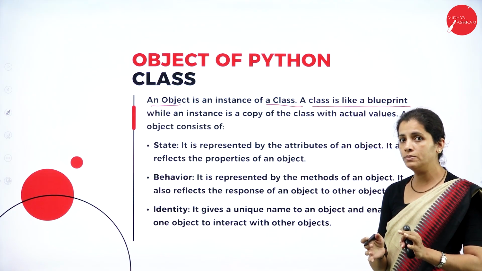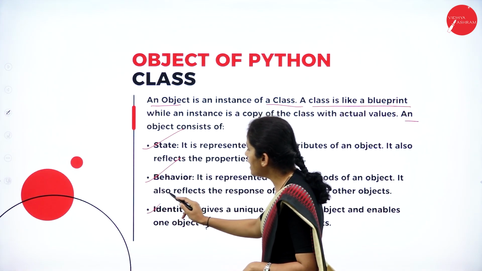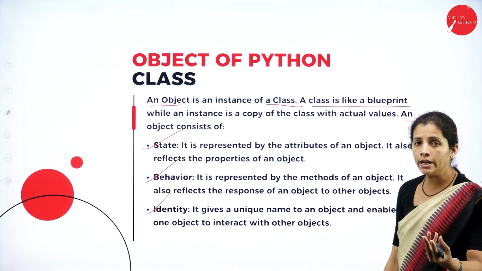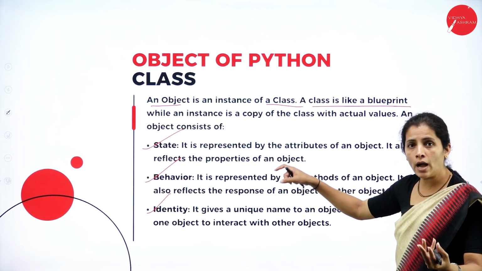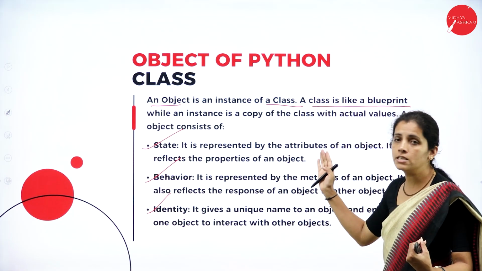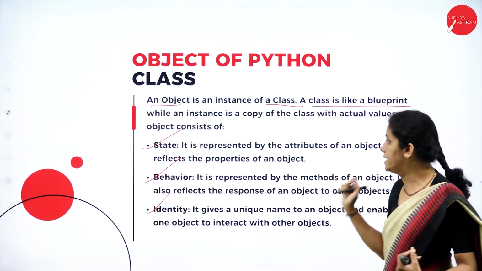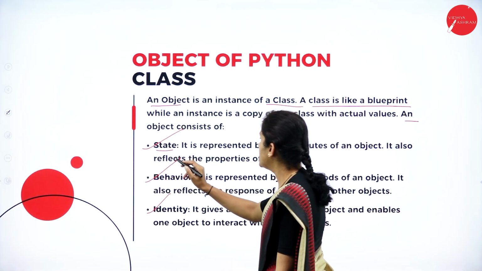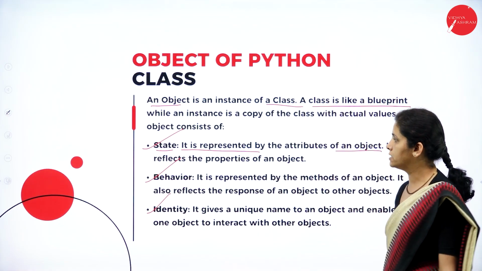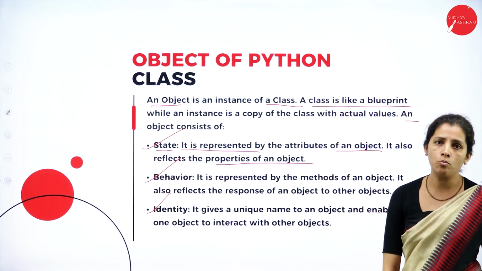Now see, if I consider an object, an object includes state, behavior and identity. Okay, fine. If I consider a camera, it must have its own identity, its own behavior and its own state. If I consider this board, it's going to have its own state, its own behavior and its own identity. If I consider state, it is represented by the attributes of an object, and it also reflects the property of an object.